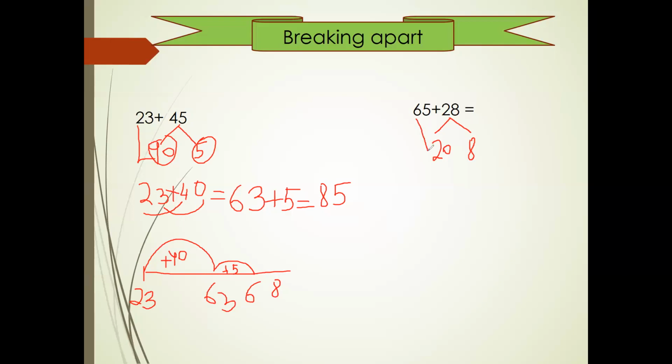Now, again, what do we do? We add 65 plus 20. This is 85. And now 85 plus 8.